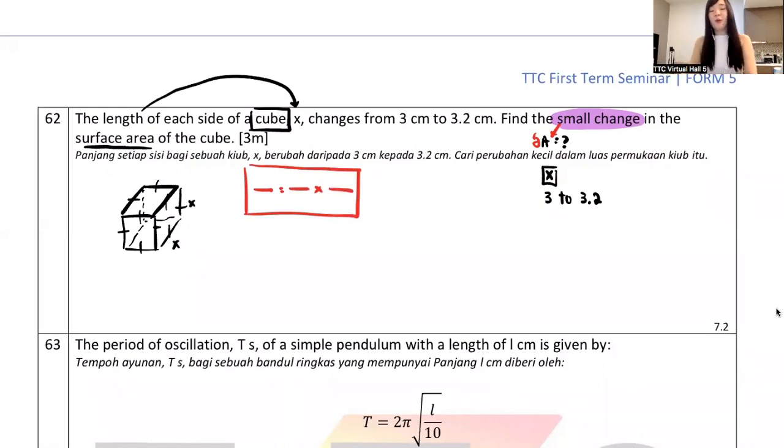Put the one that you want to find on the left-hand side. Sorry, I was daydreaming, my dear. Using the small change formula, delta y equals dy dx times delta x. Guys, can anyone tell me what's so different about this time?